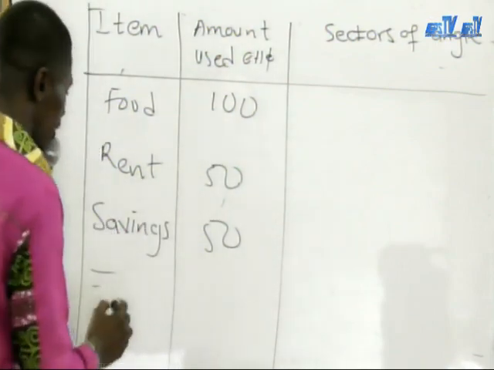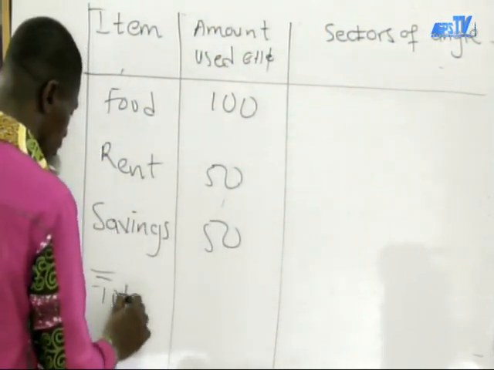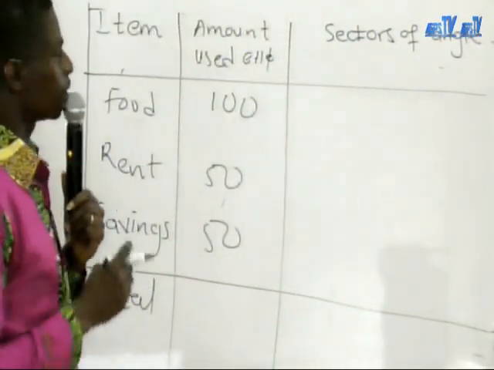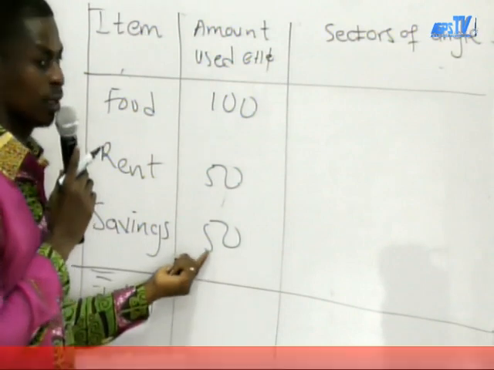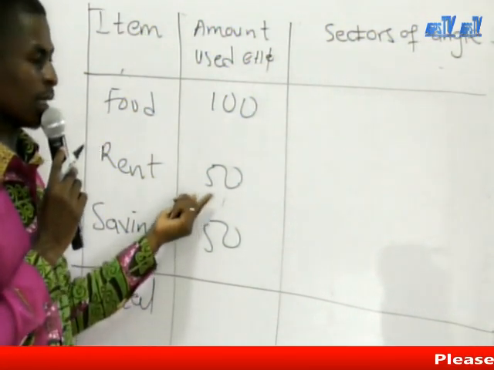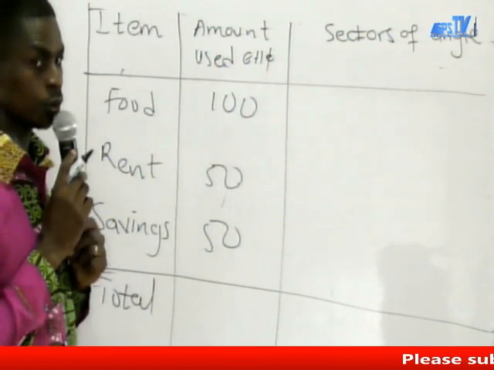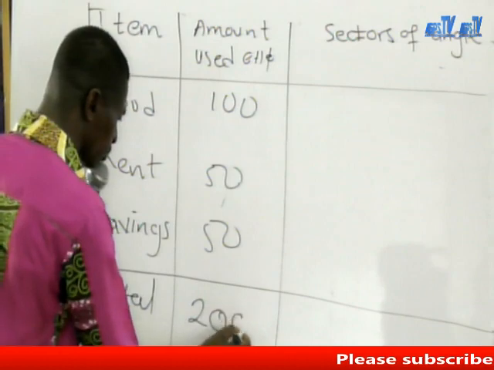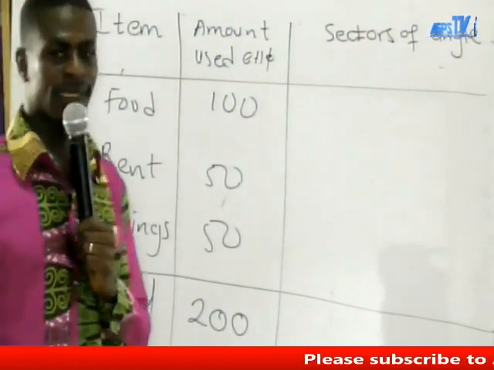So we are going to find our total. 50 plus 50 is 100, and 100 plus 100 is 200. So eventually we have 200 Ghana cedis as our total.